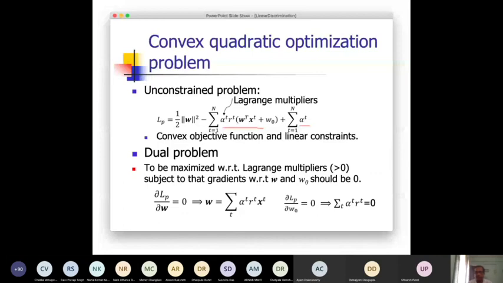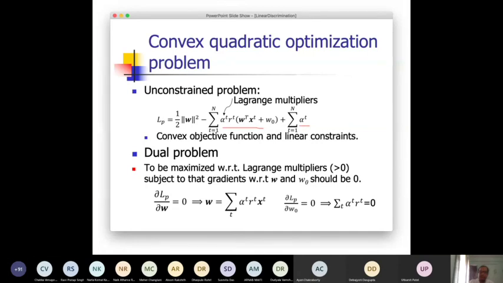Similarly, there is also a constraint on alpha and R, which is the class label, at the optimal point, which comes from the condition that the gradient with respect to W naught should be 0. These are the two relations that we can substitute in this particular functional form, and we get the dual functional form, which needs to be optimized.